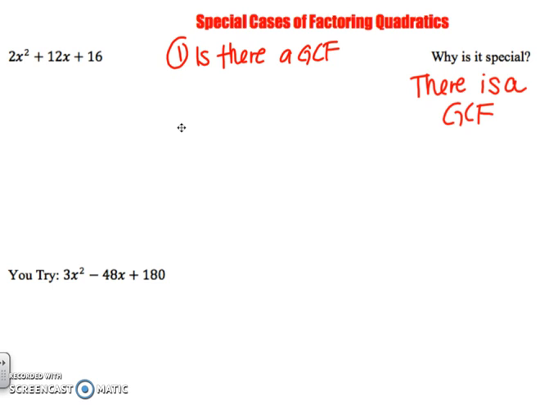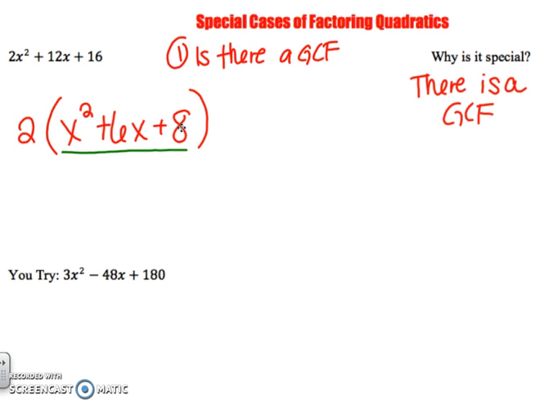So I'm going to factor out a 2 from this trinomial. Then I'm going to divide to see what's on the inside, and I would get x squared plus 6x plus 8. Okay? So if you look at just this inside, it's something like we've done in the past. It's actually a shortcut example of factoring a quadratic.